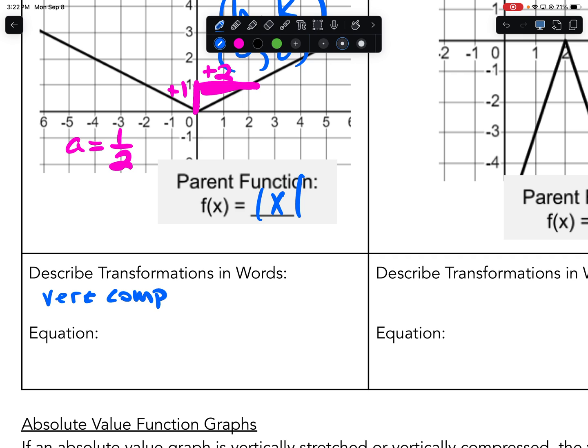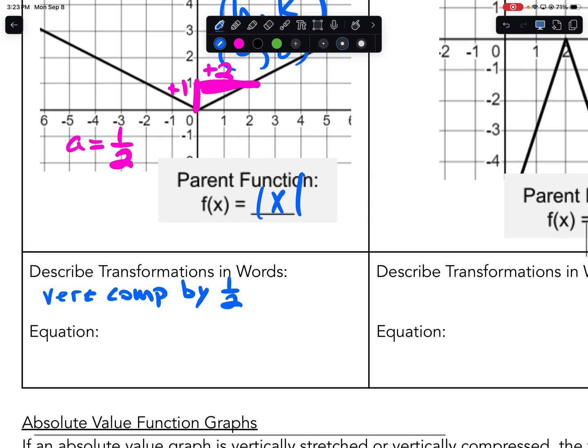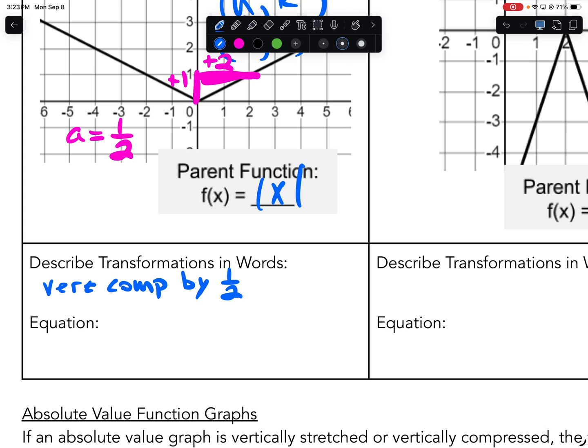If A is greater than 1, it makes it a stretch. You always have to say by whatever it is. In this case, it's 1/2, because we can count from the vertex, go up 1, to the right 2. That's why they're both positive. So the equation is y equals 1/2 absolute value of x.